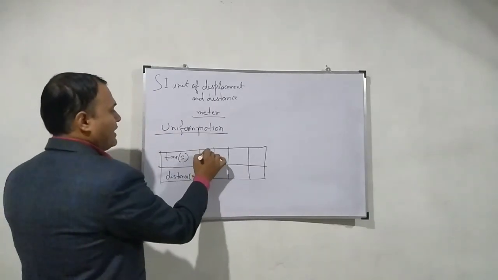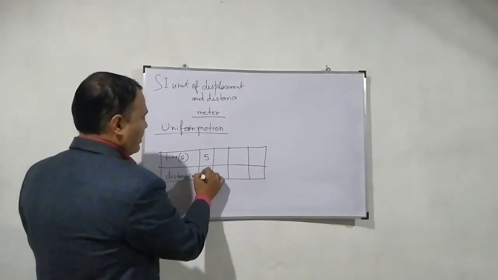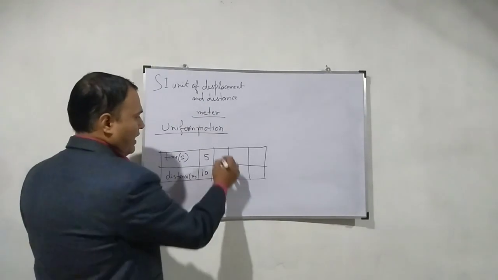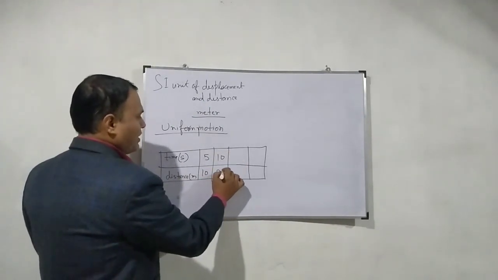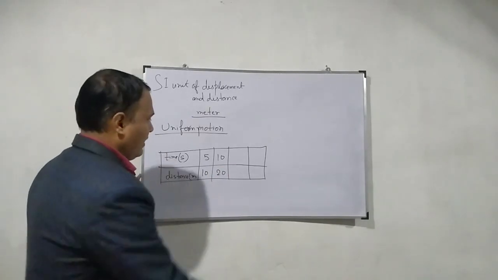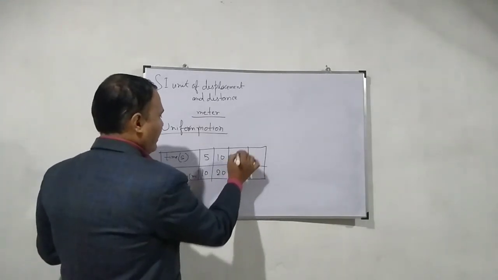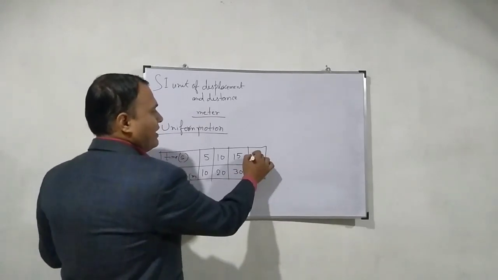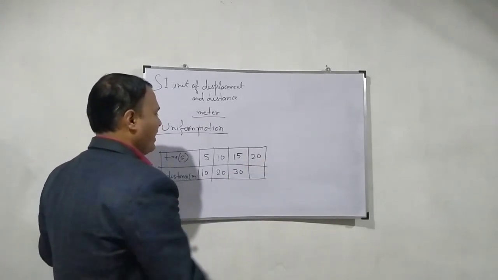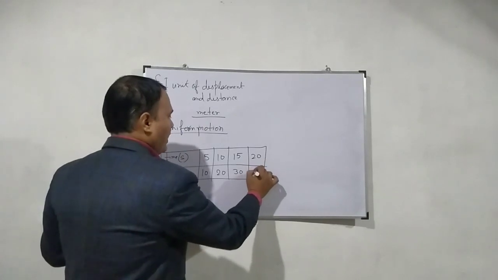Suppose in 5 seconds an object covered 10 meters, and again in 10 seconds an object covers 20 meters. In 15 seconds an object covers 30 meters, and in 20 seconds it covers 40 meters.